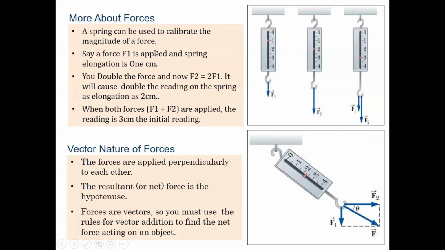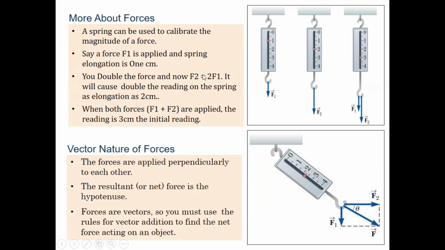When we talk about forces, forces can be used for the calibration of instruments, where the magnitude of the forces is expressed in certain other relations. For example, this is a spring which is used to calibrate the magnitude of the force, and let us say that a force F1 is applied on this first spring and its elongation is 1 centimeter, as the red mark shows.